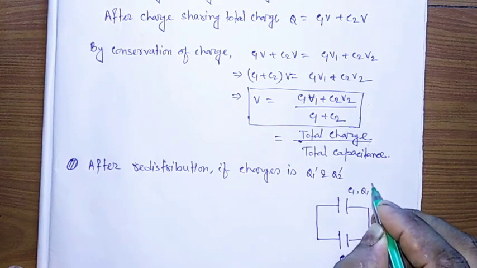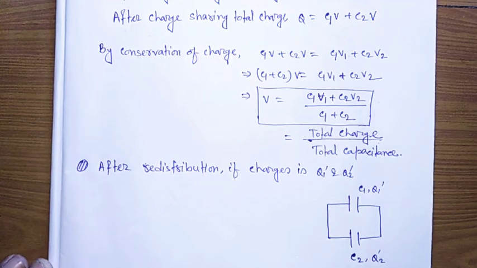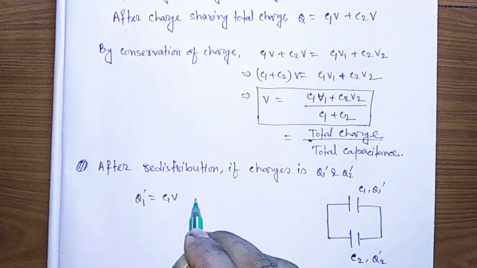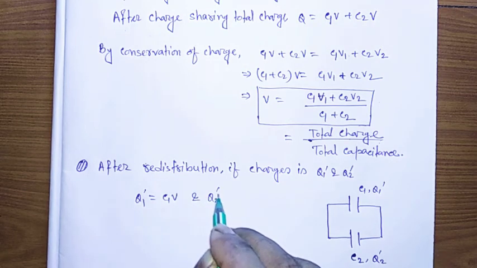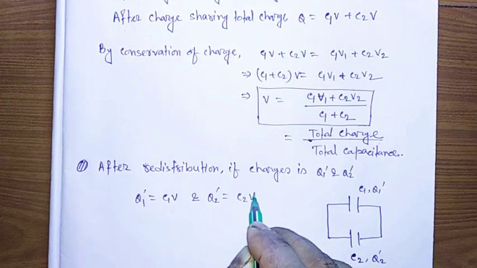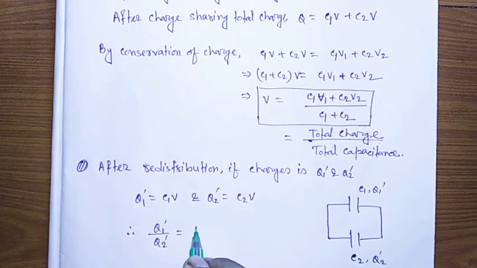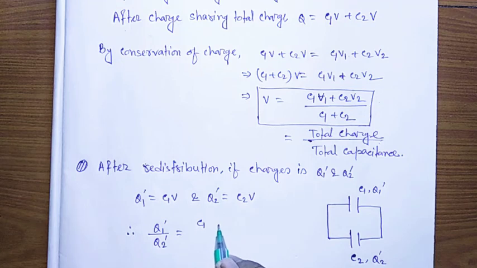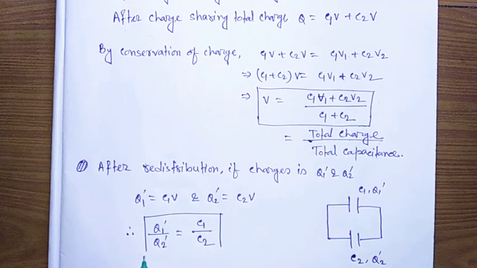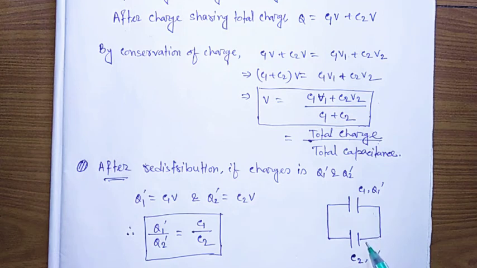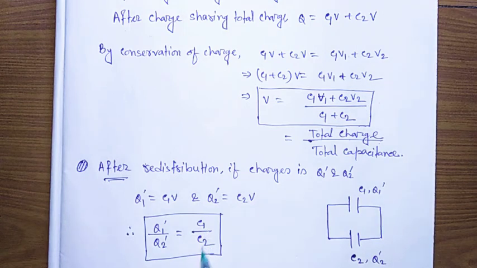Now Q1 dash is equal to C1 V and Q2 dash is equal to C2 V. Therefore Q1 dash divided by Q2 dash is equal to C1 by C2, as V from both sides cancels out. So after redistribution, the ratio of the charges is equal to the ratio of their capacitances.